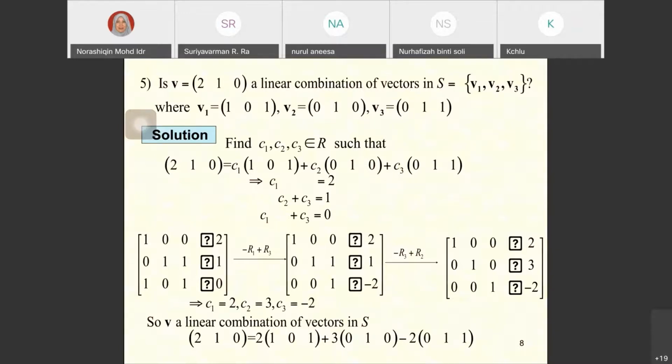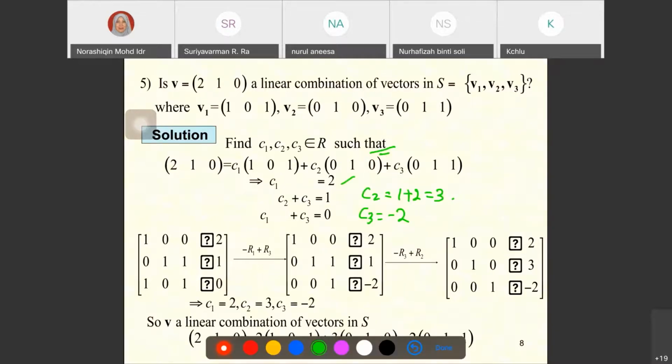The C1 is equal to 2. Here, okay. When you combine these, you get what? You got that is equal to C1 plus 0, C1, 0 plus 0, C2, 0 plus 0, C3, C3.